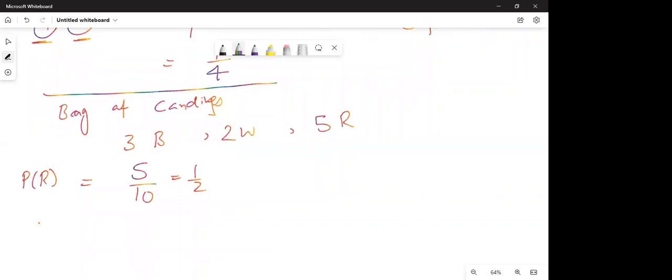You ate one candy from the bag, so now there are fewer candies. There are now 9 candies in the bag, and the number of white candies to pick is 2. So the probability for a white candy on the second turn is 2 out of 9.